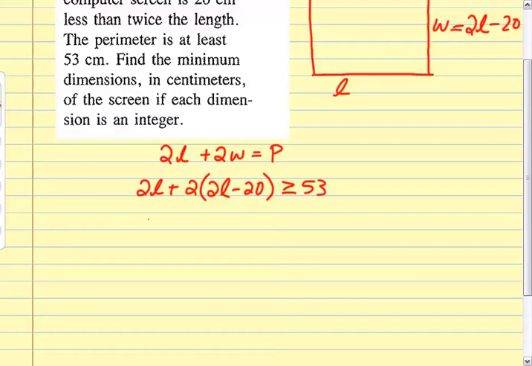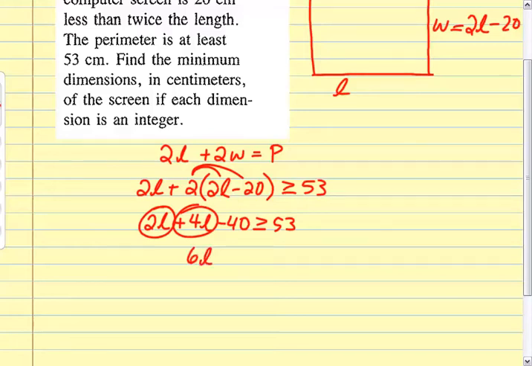Okay, now let's solve. So I get 2L plus 4L when I distribute, minus 40, has to be greater than or equal to 53. All right, let's combine my variables here. I got 6L minus 40 is greater than or equal to 53. When I add 40 to both sides, I'm going to get that 6L is greater than or equal to 93.